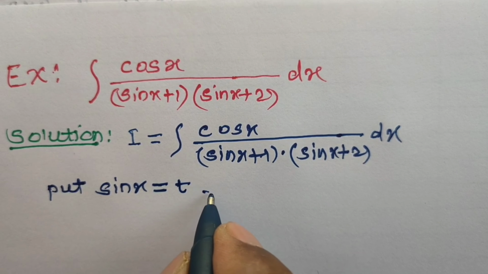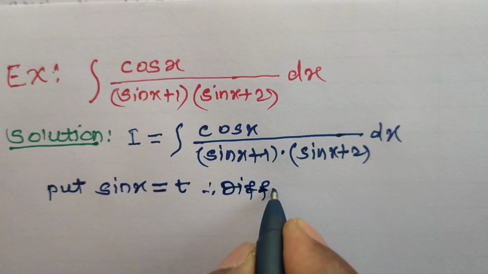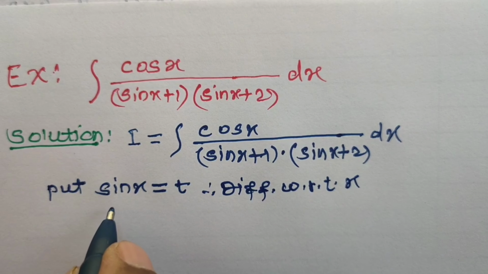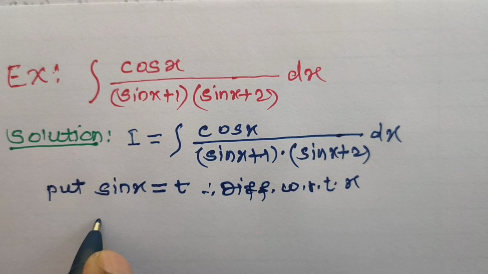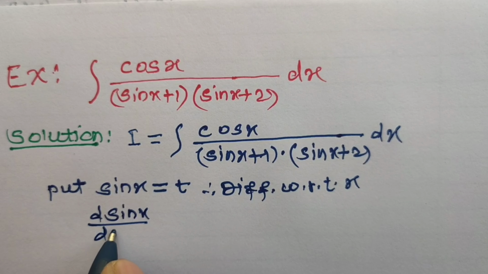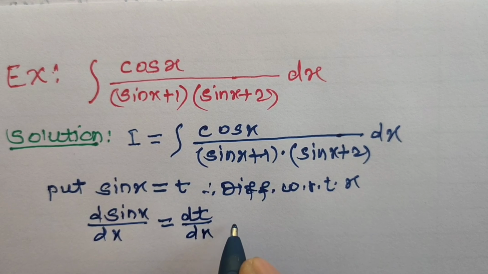Now differentiate this with respect to x. Hence the derivative of sin x with respect to x is equal to the derivative of t with respect to x.